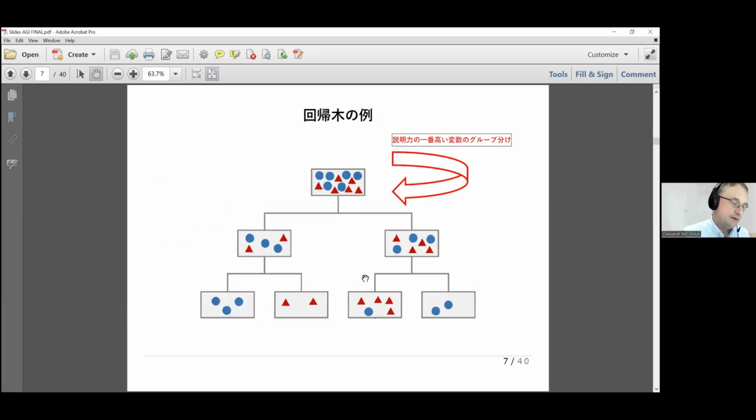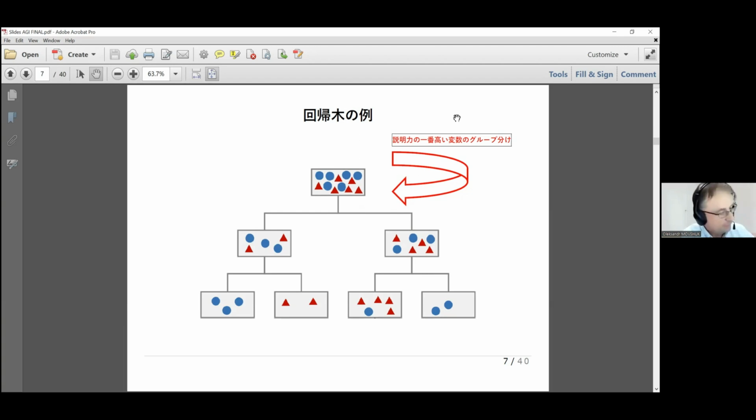Okay, so here I just give you an example of a popular machine learning model. It's called a regression tree. We start with the initial data set. You can see there are squares and circles. In regression trees, we divide the data by our explanatory variables into two groups.